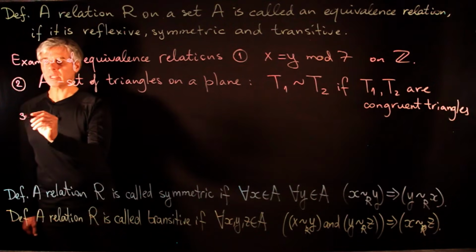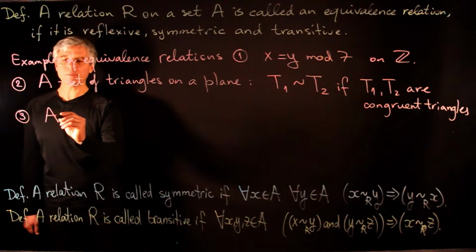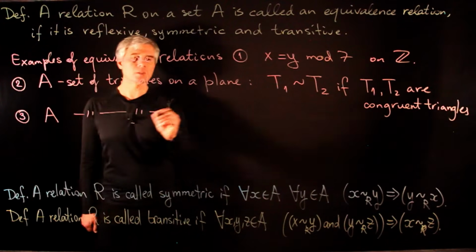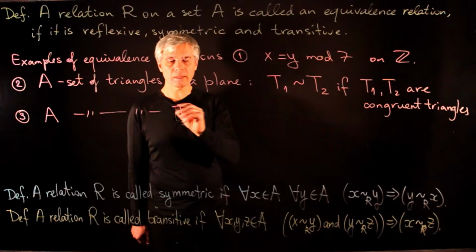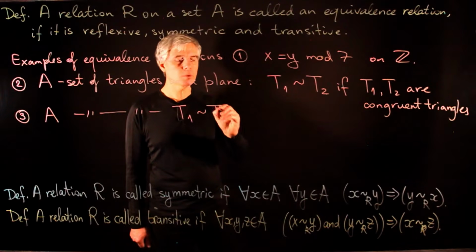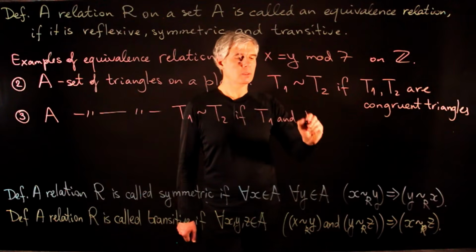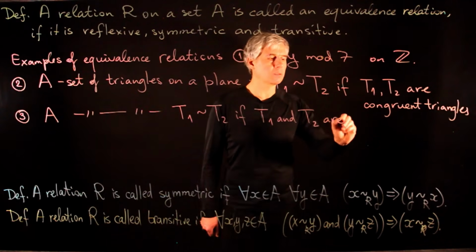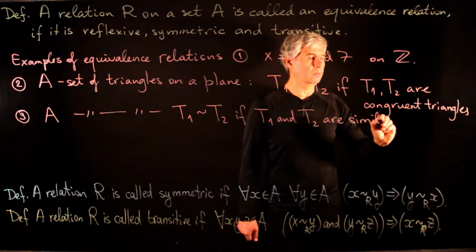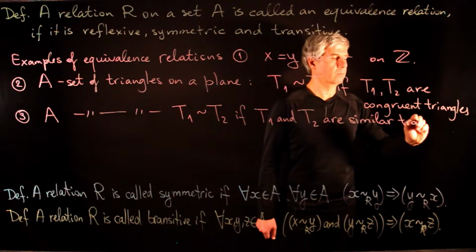As our third example, we can take the same set of triangles on the plane, and we can say that T1 is equivalent to T2 if T1 and T2 are similar triangles.